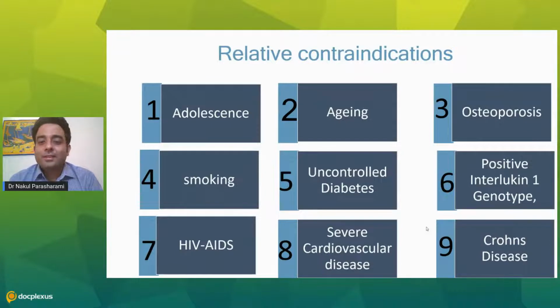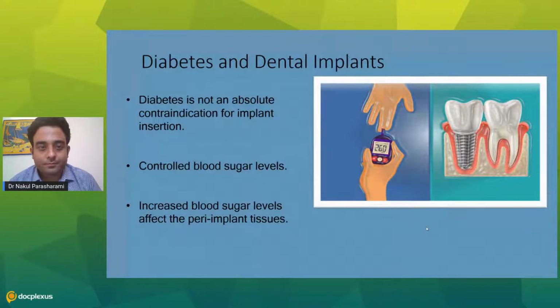HIV, severe cardiovascular diseases, and Crohn's disease. Now, Crohn's disease has very clear-cut oral manifestations, and placement of dental implants, if possible, can be avoided. Next slide. So I'll be dealing with diabetes and dental implants in a little detail.